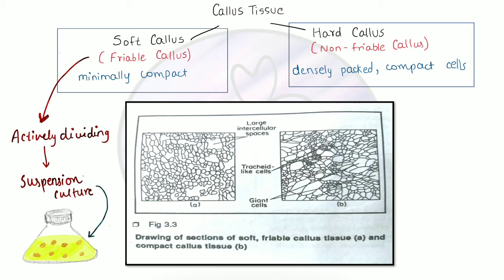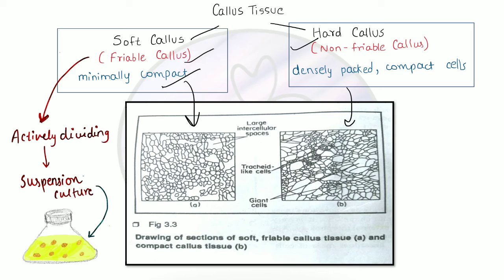The soft callus is also known as fibril callus and the hard callus is termed non-fibril callus. The soft callus, by its name, is minimally compact and loosely arranged, as you can see in this picture, with large intercellular spaces. Whereas in the hard callus, the cells are densely packed and compact.